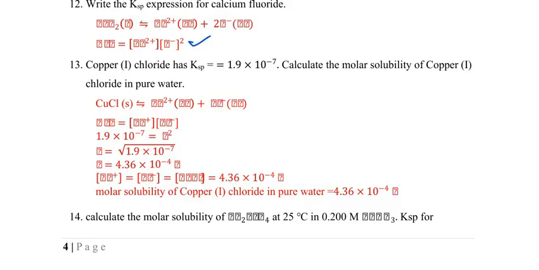The next one, they're saying copper 1 chloride has the KSP value of this. Calculate the molar solubility of copper chloride in pure water. Right? So the constant has been given. This is question number 13.